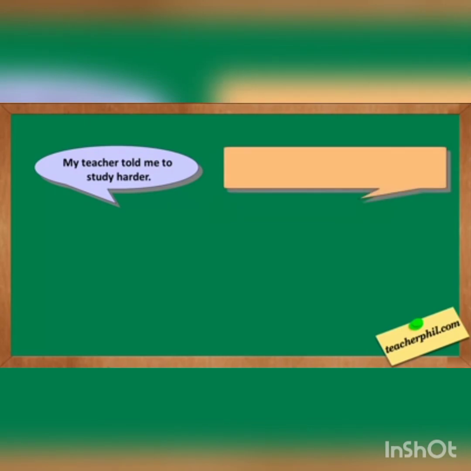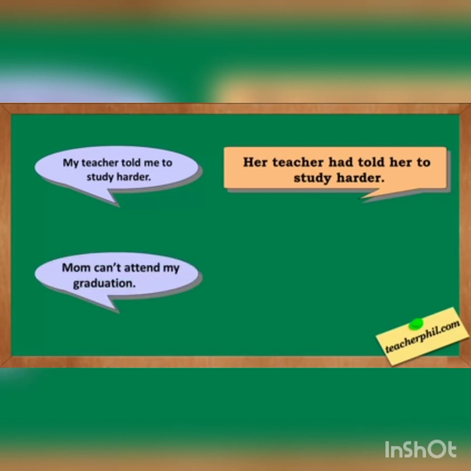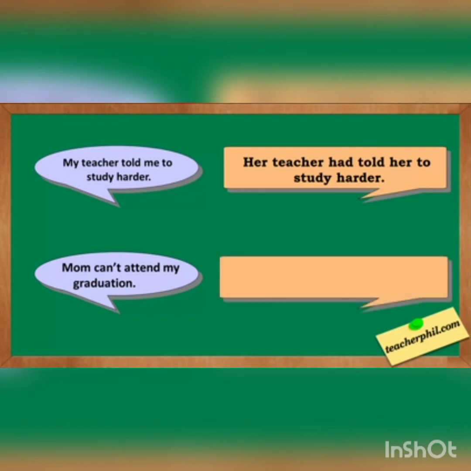The indirect speech is, Her teacher had told her to study harder. The last one: "Mom can't attend my graduation." The speaker of the sentence is Simon. So the indirect speech is, Simon said that his mom couldn't attend his graduation.